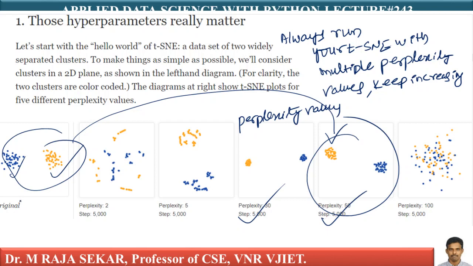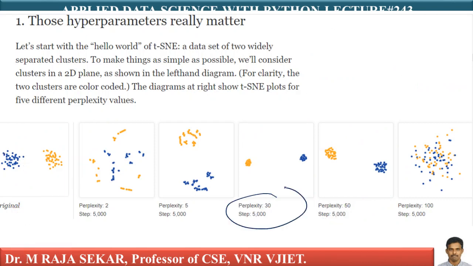Never say perplexity equal to 5. No, don't do that. Run it for various values of perplexity and see the shapes that are more stable. We need a stable configuration. So as soon as you see a stable configuration, it's okay. Between 30 and 50, you are getting some sort of stable configuration.